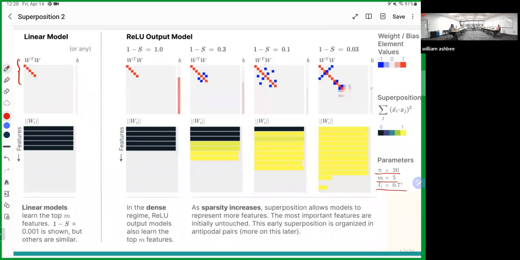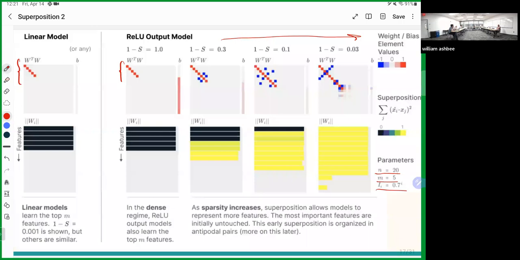If the data is perfectly dense, the solution looks like the linear model. But as we start to increase the sparsity, we start to see that our models start to encode less important features into kind of superposition.